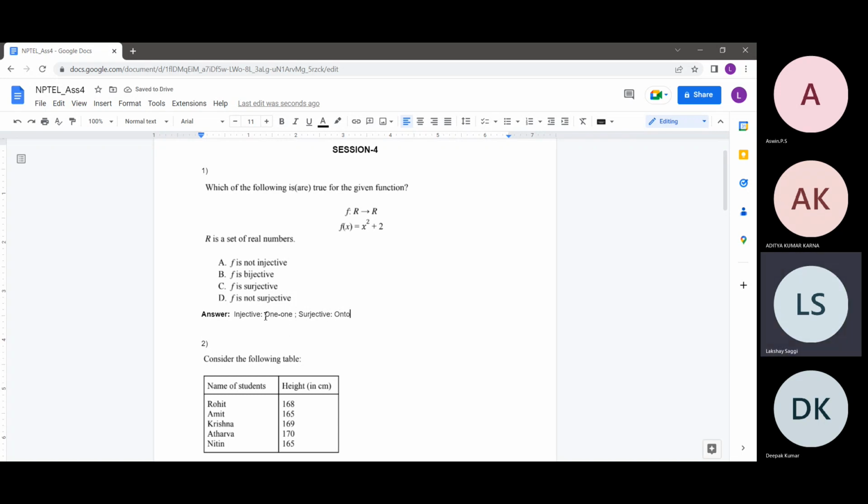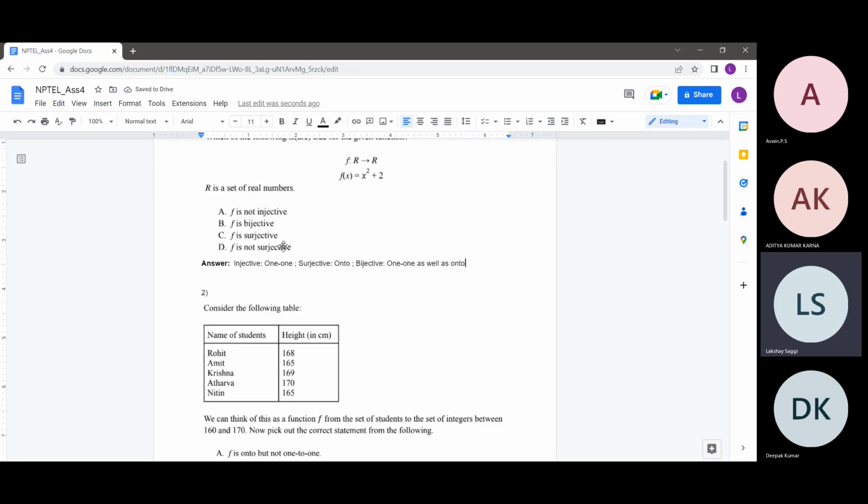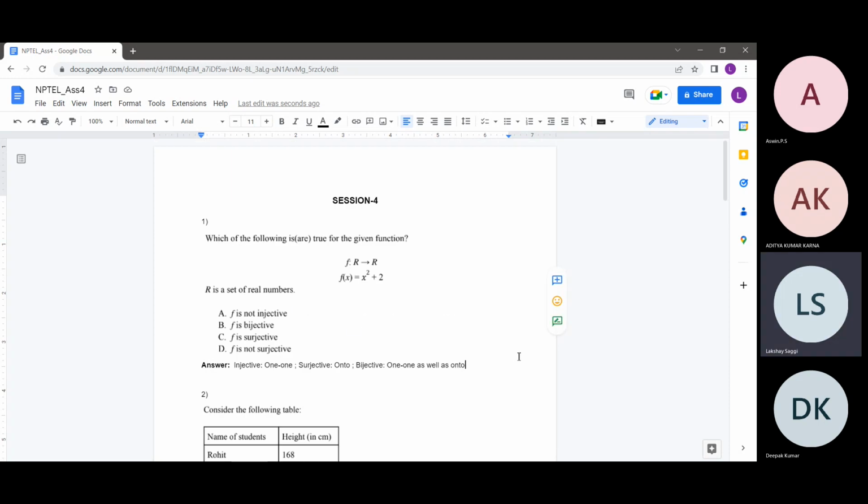So if a function is one-one, it is injective, and if it is onto, then it is surjective. Bijective is one-one as well as onto, so injective as well as surjective. Just keep in mind these definitions or notation for the rest of the problems also.